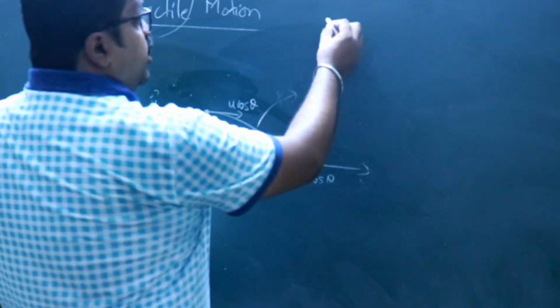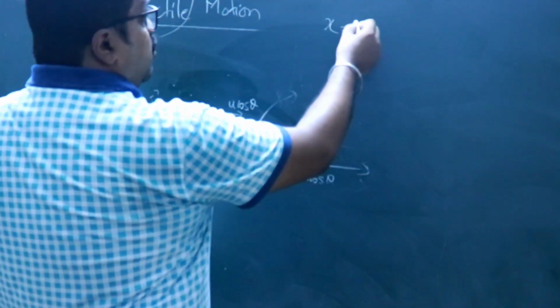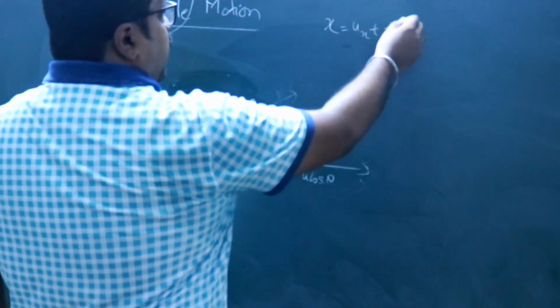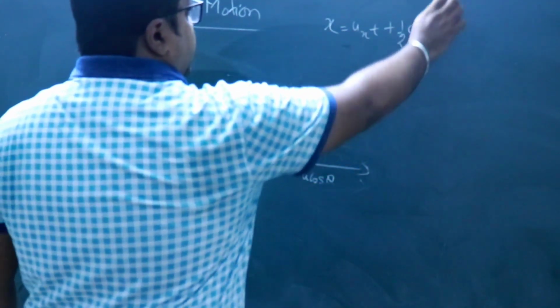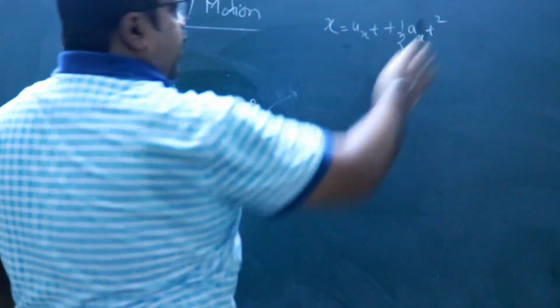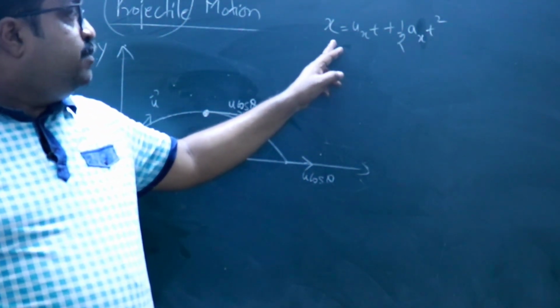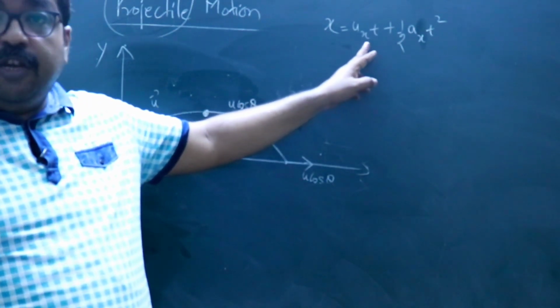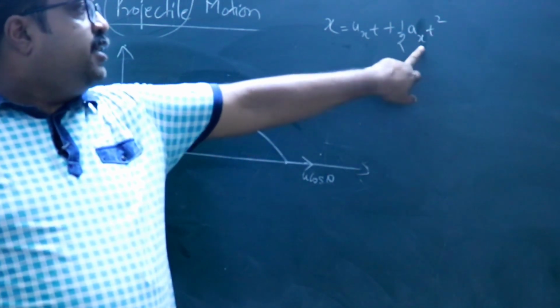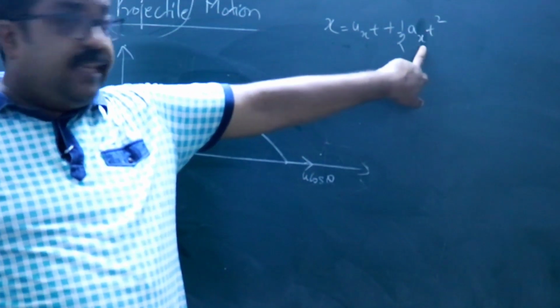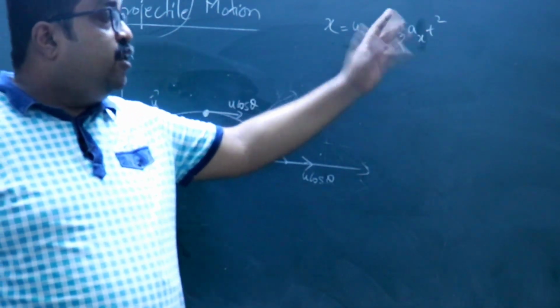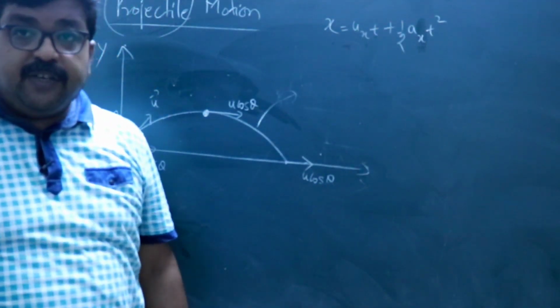If we see the motion along the x-axis, we have x is equal to uxt plus half axt square. Okay, so x is the displacement along the x-axis, ux is the velocity along the x-axis, ax is the acceleration along the x-axis. Time, I have written t without any subscript because time is independent of axis.